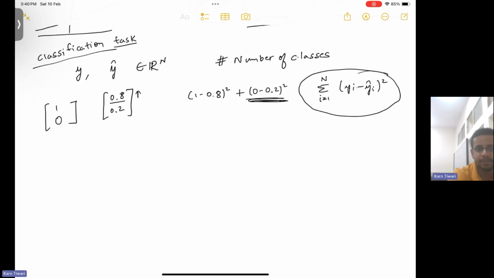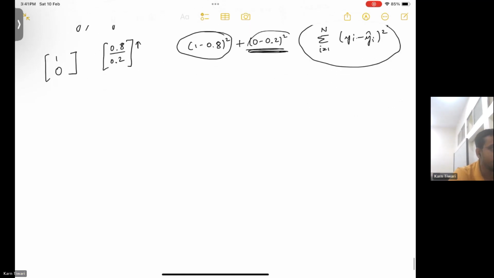If it's predicting zero with some probability, I don't care as long as my highest probability, 0.8, is what I want to maximize as much as possible. So I want to make this error as close as possible. This second term does not matter to me.